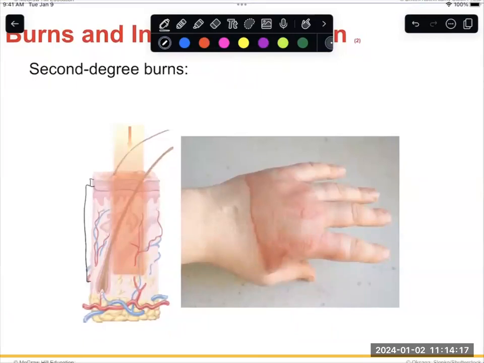They require medical attention and they may produce scarring because the dermis cannot repair itself as well as the epidermis on top. That's why scarring may happen. In a second-degree burn, you may see redness, you can see blisters, and you will see severe pain because of all of the sensory receptors in the dermis.